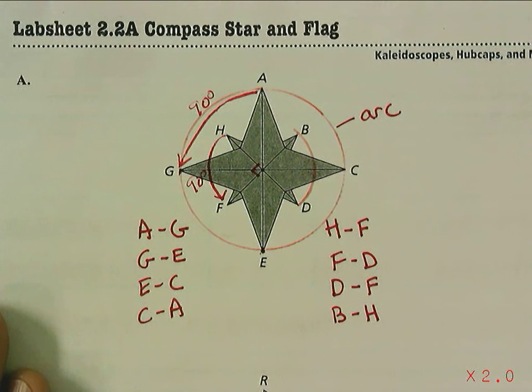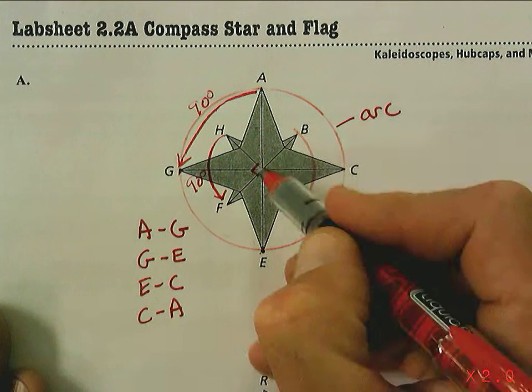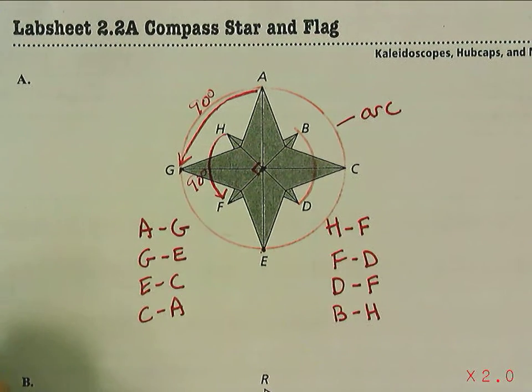So in this case, there's actually 4 rotations, 1, 2, 3, 4 rotations to get back to the original image. And so based on the center of this image and its point of rotation, the segments connecting them form a 90-degree angle, and the path that they follow for each vertex forms an arc of a circle.